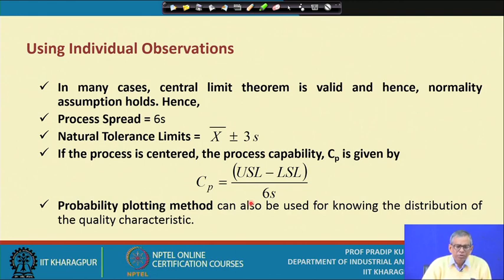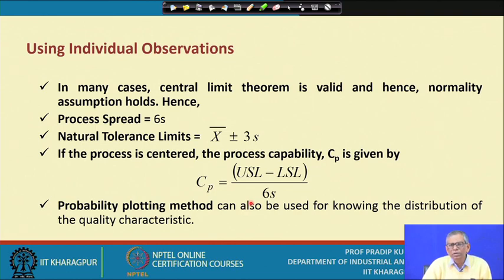And the second one is the central limit theorem you should be aware of. Many tools and techniques, the expressions you come across in quality control exercises, have normality as the basic assumption. There are cases where you may have non-normality, but in the majority of cases you assume normality.